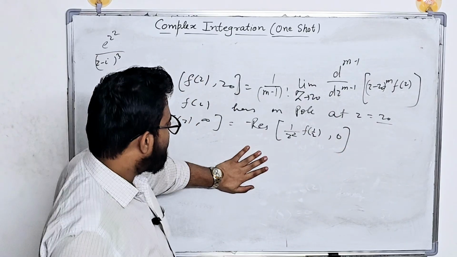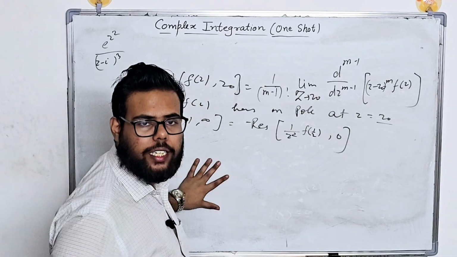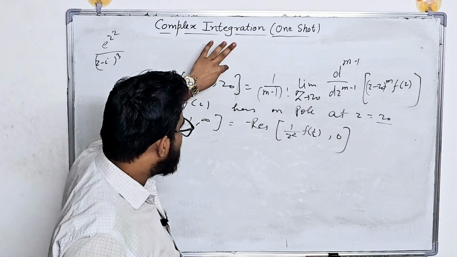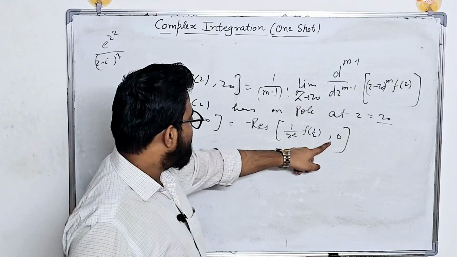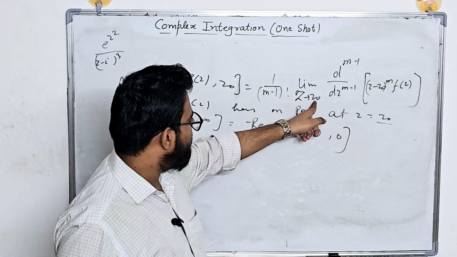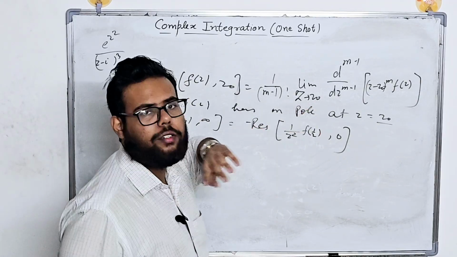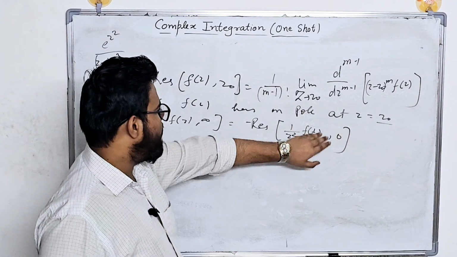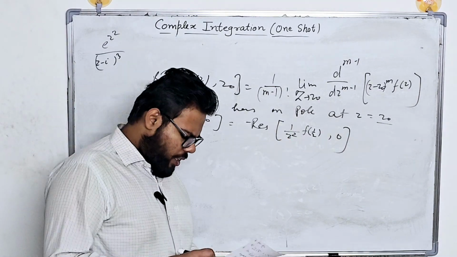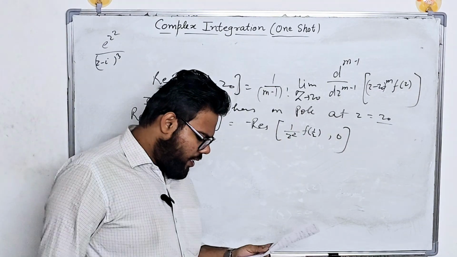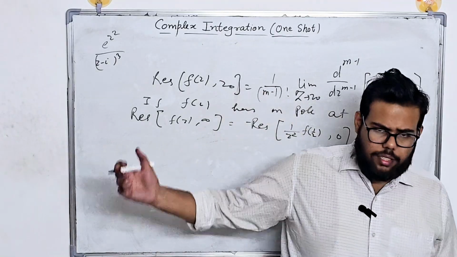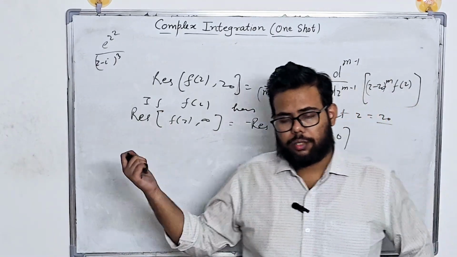So this is how you calculate the residue at infinity, and this is how you calculate the residue at any general point, right? So instead of z tending to z naught, just substitute 0 over here and change the function as this. So this is what is required in case of residue. This is basically the theory.